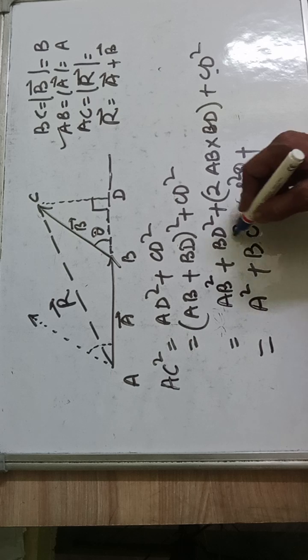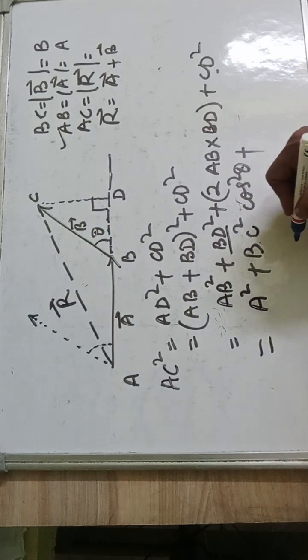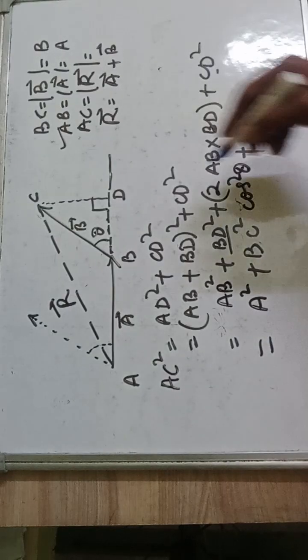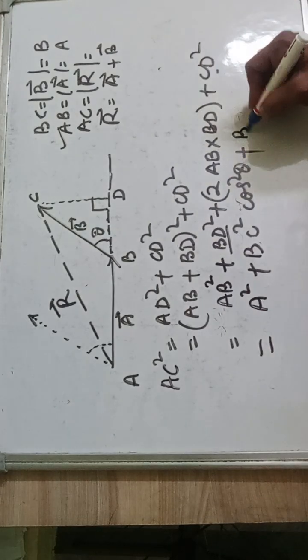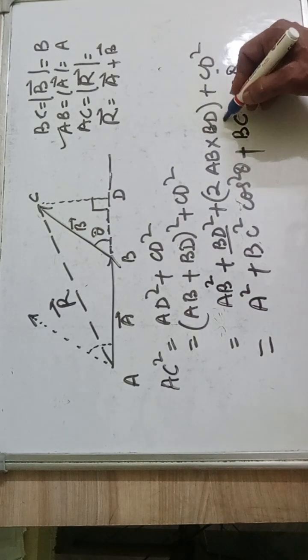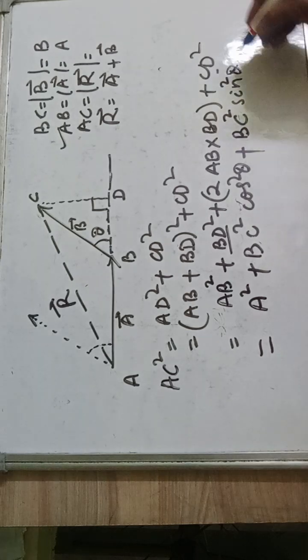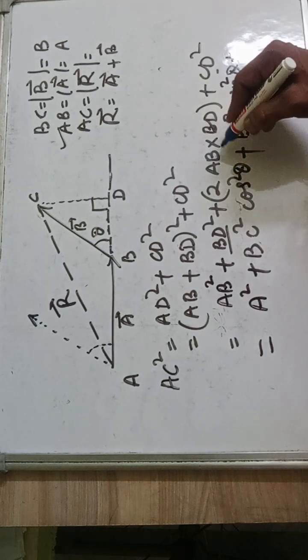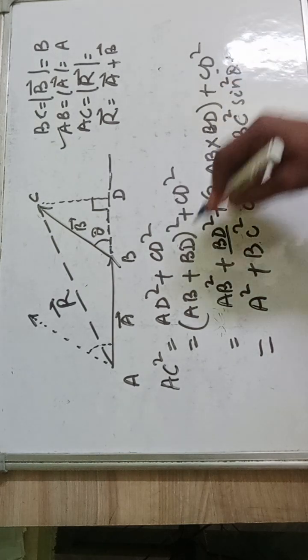Then BD square is equal to BC square cos square theta. Then CD is BC sin theta, and CD square is equal to BC square sin square theta, plus 2AB into BD.